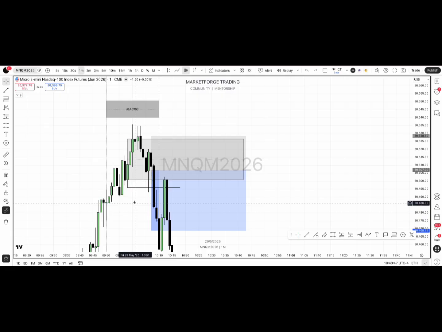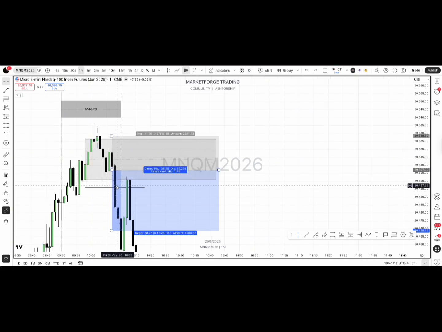But basically what I'm watching for is, it didn't become an order block until we pushed through. So once that's been created, I don't want to see any candle closes up past the 50% mark. That would invalidate the order block.